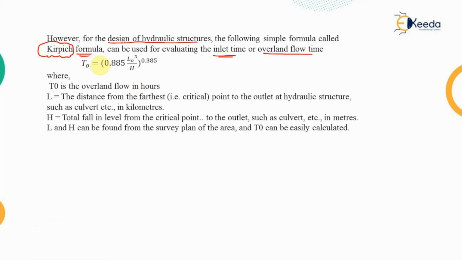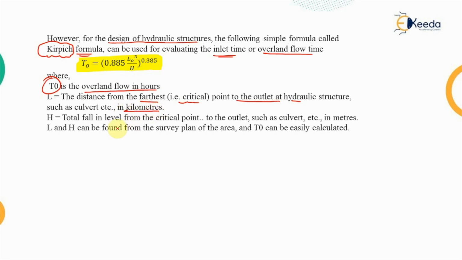That means for how much duration the water was available in the catchment area, and this is given as T naught is equal to 0.885 into L cube by H, its whole power to the 0.385, where T naught is the overland flow time in hours, and L is the distance from the farthest, that is the critical point, to the outlet at the hydraulic structure in kilometers.